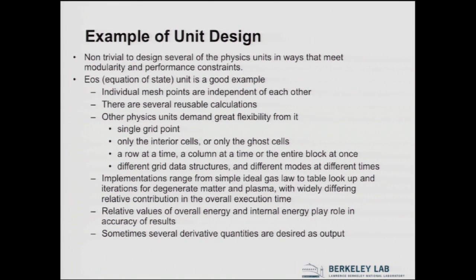And that is the equation of state unit, because all of the physics units demand a great deal from this. In most cases, equation of state is a simple algebraic expression that you apply on each point completely individually of every other point, right?